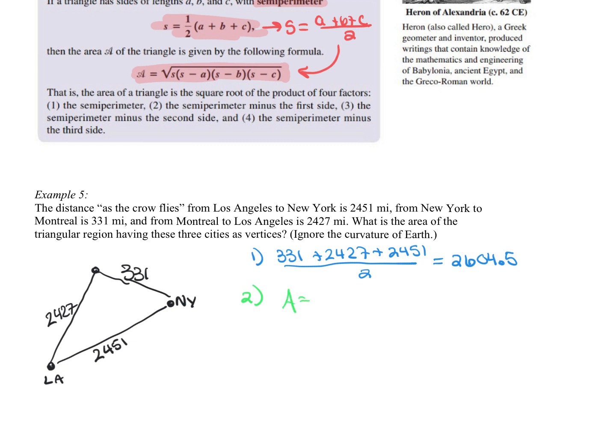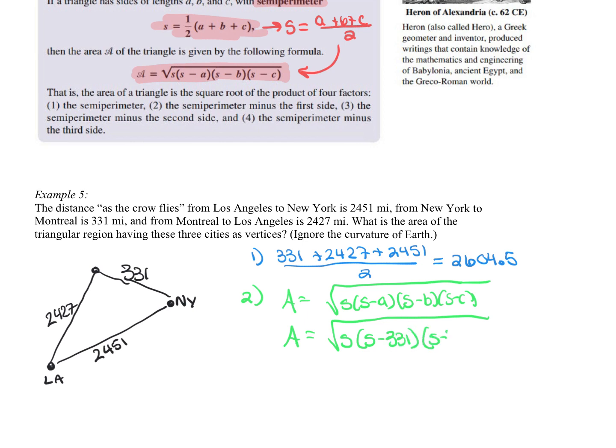So the area is going to equal the square root. At the end, don't forget to square root. S times S minus A, S minus B, S minus C. You can type in the 2,604.5 every time, or you can use the store recall value. When we plug this in, we get area equals, I'm going to call it S, S minus A, whichever one you want to call A, it doesn't matter, because they're all going to get multiplied together, and in multiplication the order does not matter.